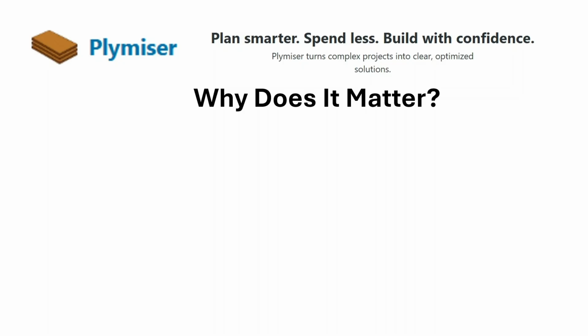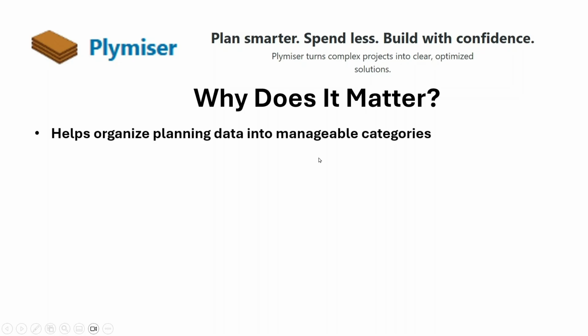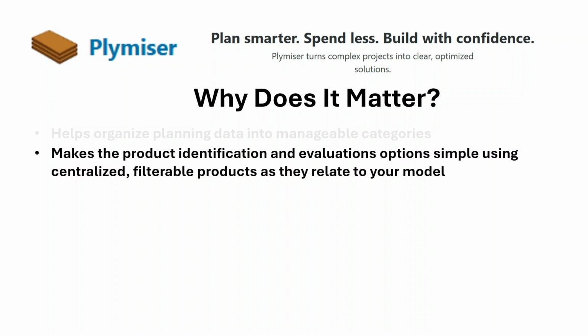So why does it matter? Why are these things important to woodworkers? Well, number one, it helps you organize a very nonlinear and somewhat chaotic plan-to-purchase process, and helps you organize your thinking into manageable categories and blocks of data.